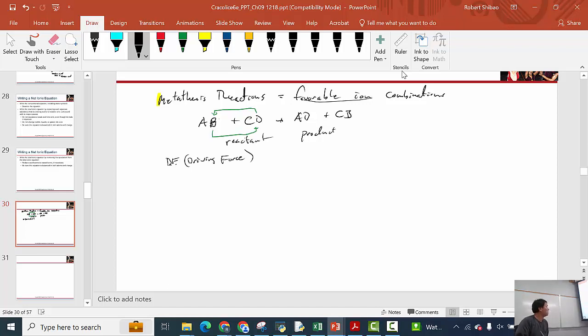Favorable ion combinations will form like a precipitate. Precipitate's PPT, precipitate. And precipitation is the formation of an insoluble solid.